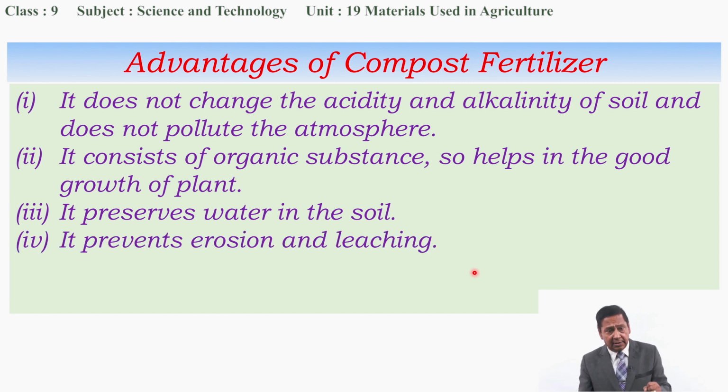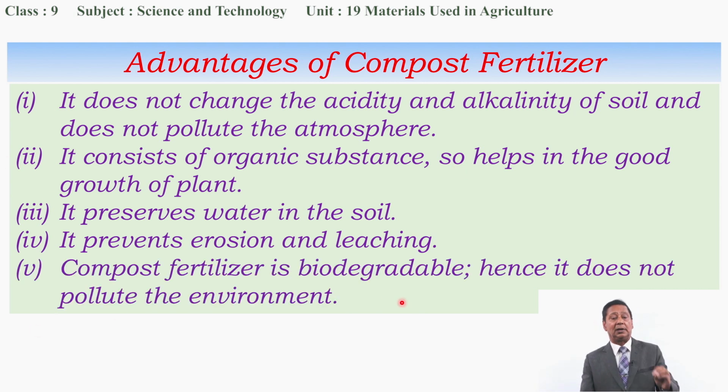And another, it prevents erosion and leaching. If there is less amount of this organic fertilizer in the soil, then water can erode the soil. And leaching means this draining out of water may occur, and leaching and erosion is prevented by the compost fertilizer because it can hold water. And another advantage, compost fertilizer is biodegradable.